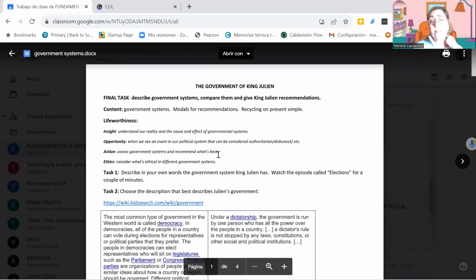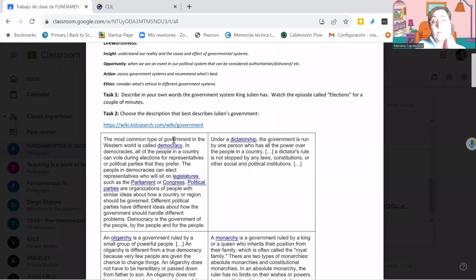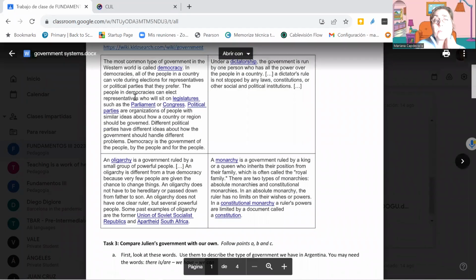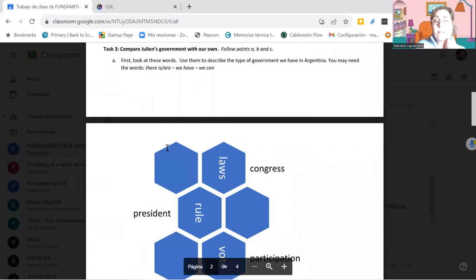Yes, this is what I expect in the final exam and in the next test and the next activity you will have to do. To present a unit, yes, with all the activities.